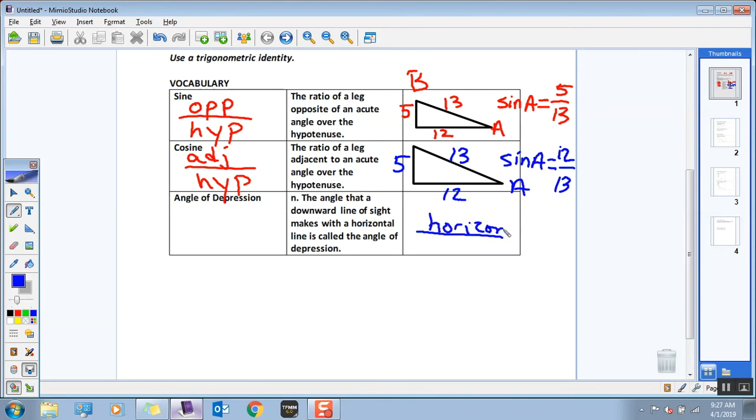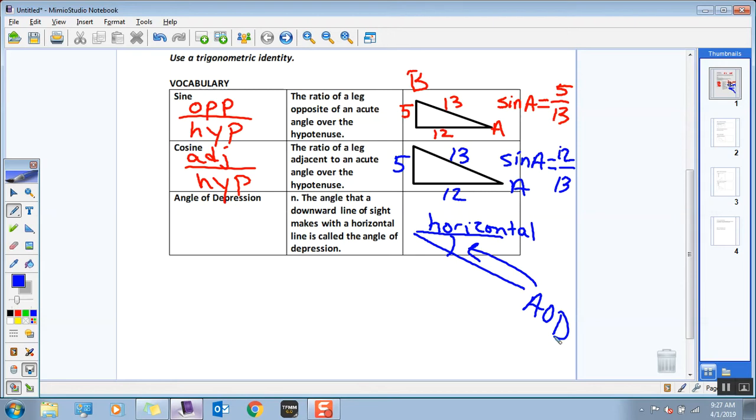If there's an angle below a horizontal line, this angle right here is called the angle of depression, so I just write AOD in there. Can you handle that? I think you guys knew that already. As far as vocab goes, do you feel comfortable using that terminology moving forward on the examples we're about to look at? Questions on the first page, kiddos?